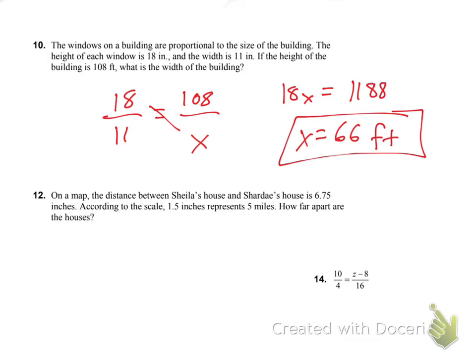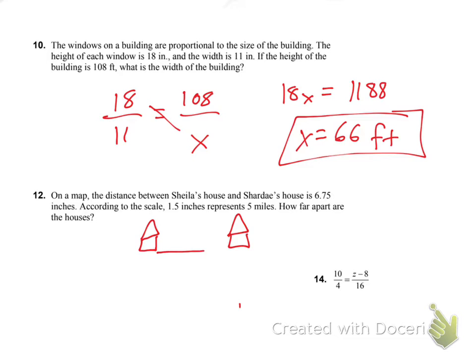On a map between Sheila's house and Chardet's house is 6.75 inches. According to the scale, 1.5 inches represents 5 miles. How far apart are the houses? So just to visualize this, if you have this person's house, and then you have this person's house right here.